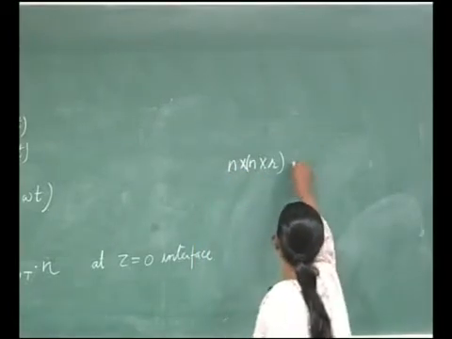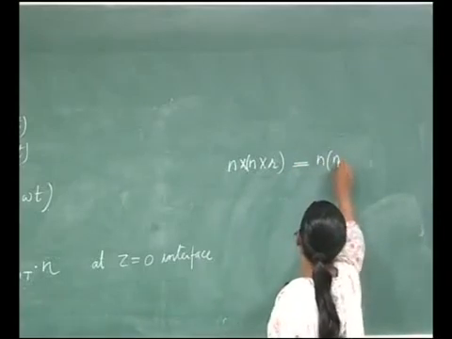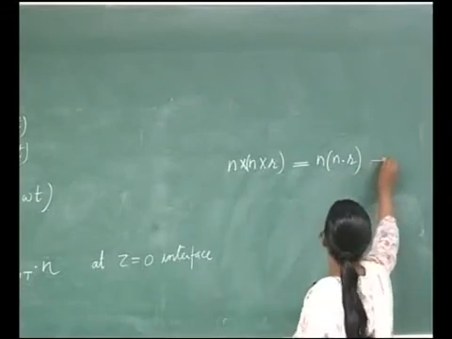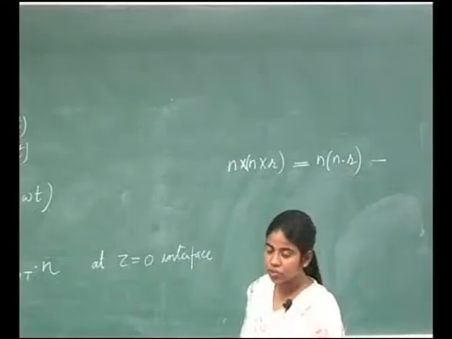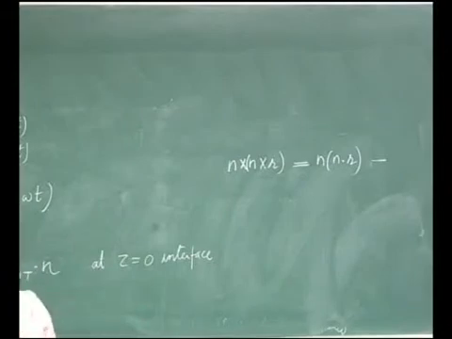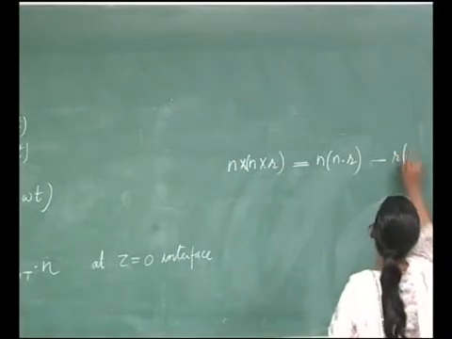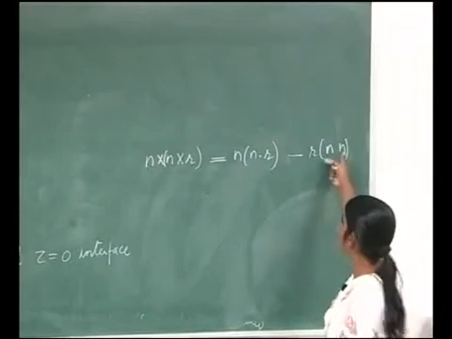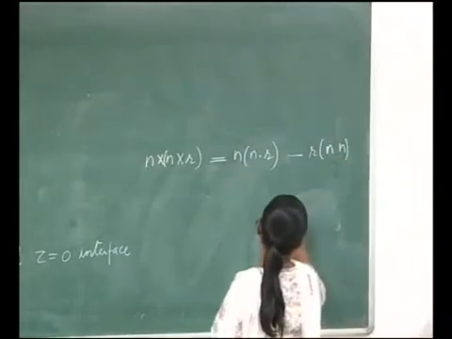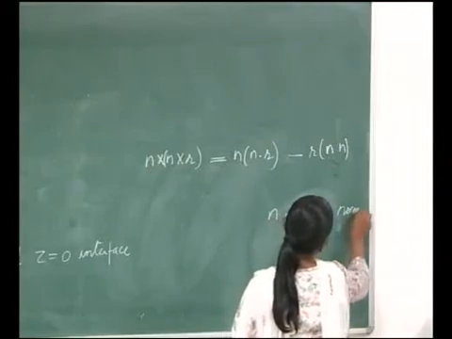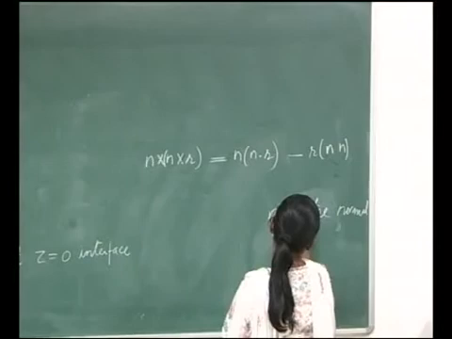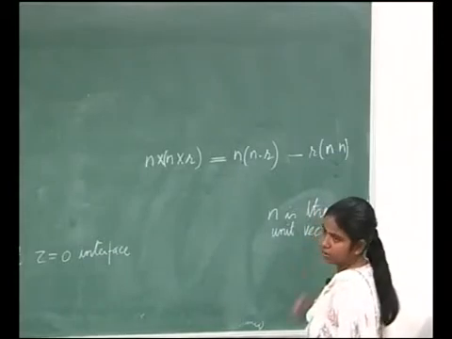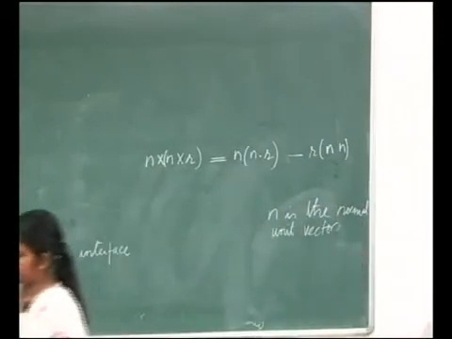If I do this, then I know that it is equal to n dot r minus divergence, r into n dot n, and n is the normal unit vector, r is the position vector, so n dot n goes to 1. n is the normal unit vector. Is it clear or not?